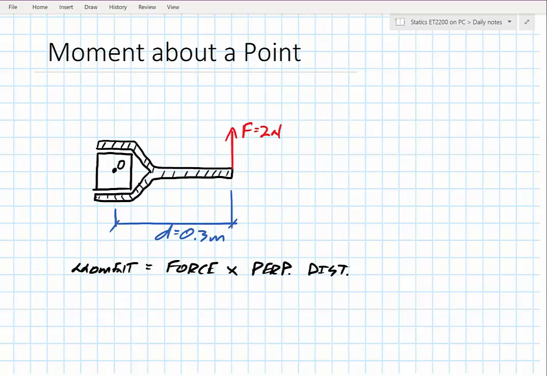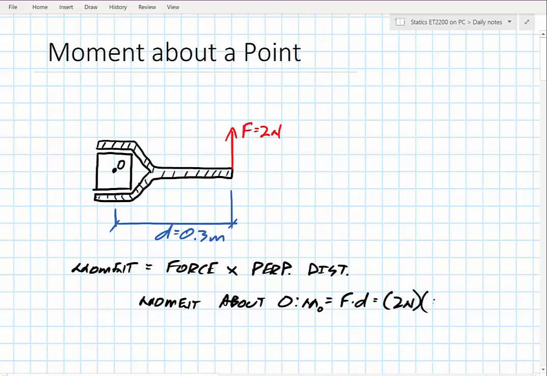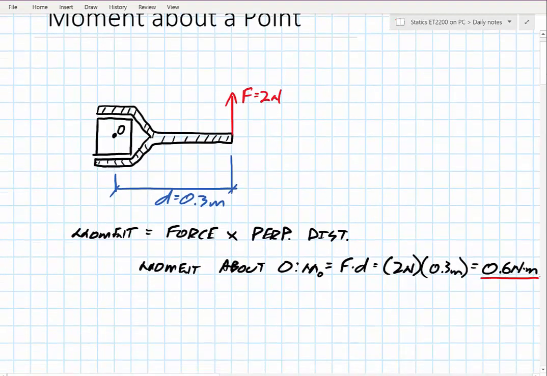So from that example there, let's calculate the moment about point O. This moment about point O with a force of 2 newtons times a distance of 0.3 meters is equal to 0.6 Newton meters.